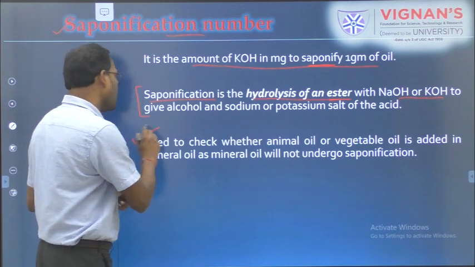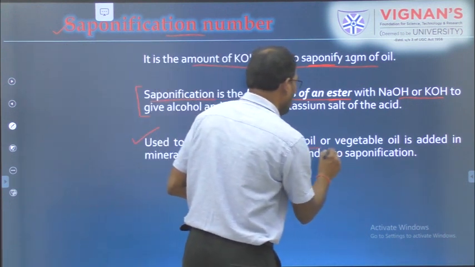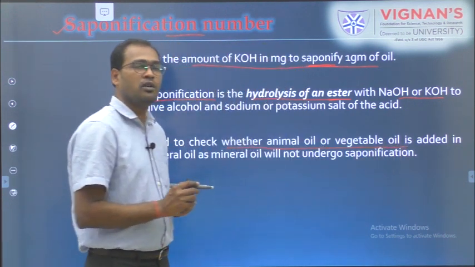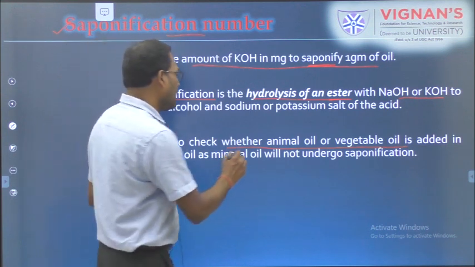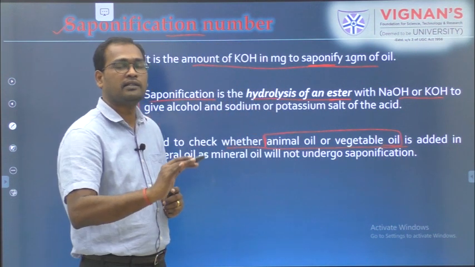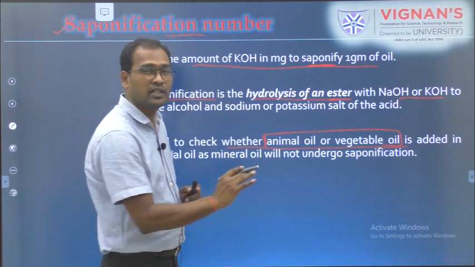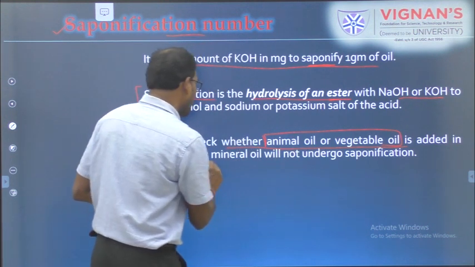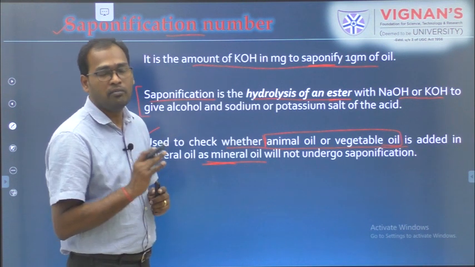This saponification number is used to check whether animal oil or vegetable oil is added to the lubricant. Why animal oil and vegetable oil? These oils are nothing but triglycerides of long chain fatty acids, so those are the sources of acids, whereas mineral oil, as I said, is from petroleum base.